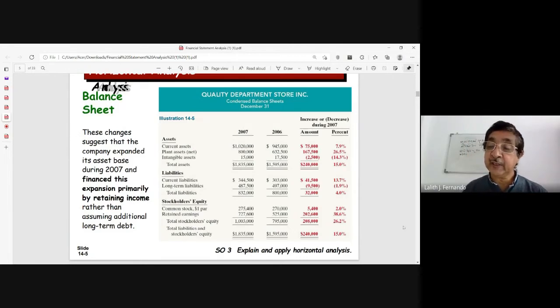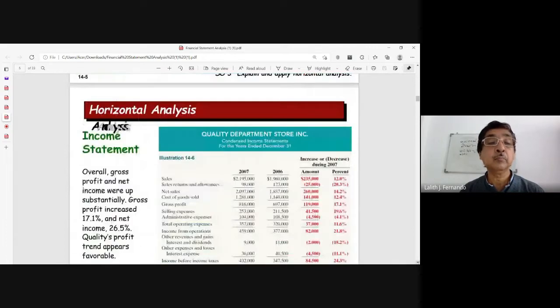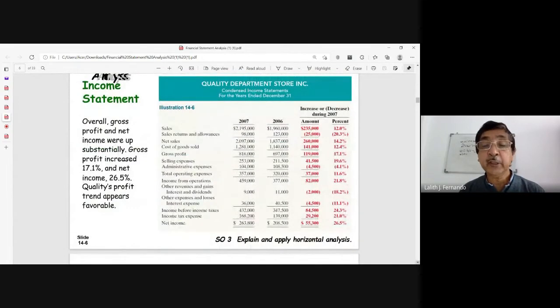Right, we will go to the next slide. Now there we try to do the horizontal analysis of the income statement. Rather than looking at the comments, we will see what has really happened by looking at the horizontal analysis. Sales increased by 12%.